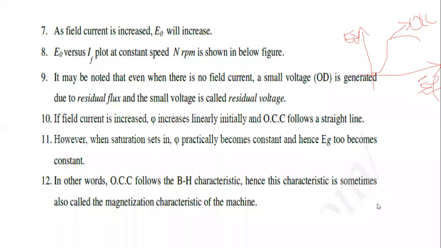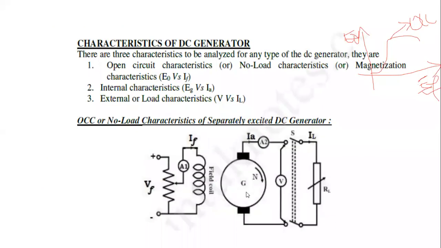First of all, we run the generator at a constant speed, that is N RPM. After that, we increase the resistance. If we increase the resistance, the field current IF also increases, and then the generated EMF EG also increases. That means the no load voltage.